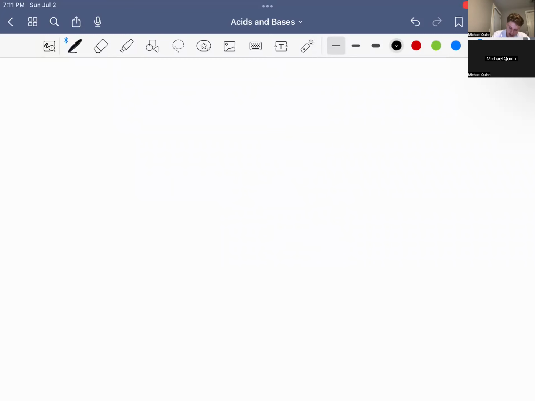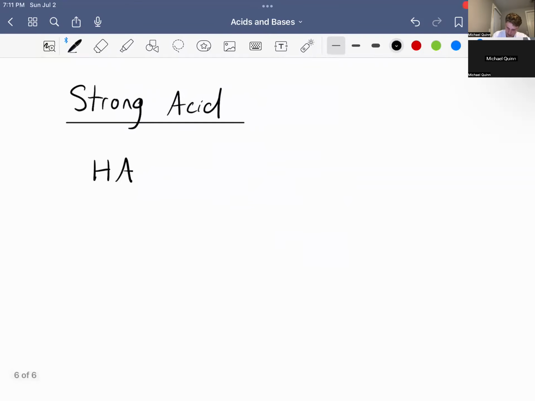So if we have a strong acid, HA we will call our strong acid. So this strong acid wants to donate hydrogen 100% of the time.